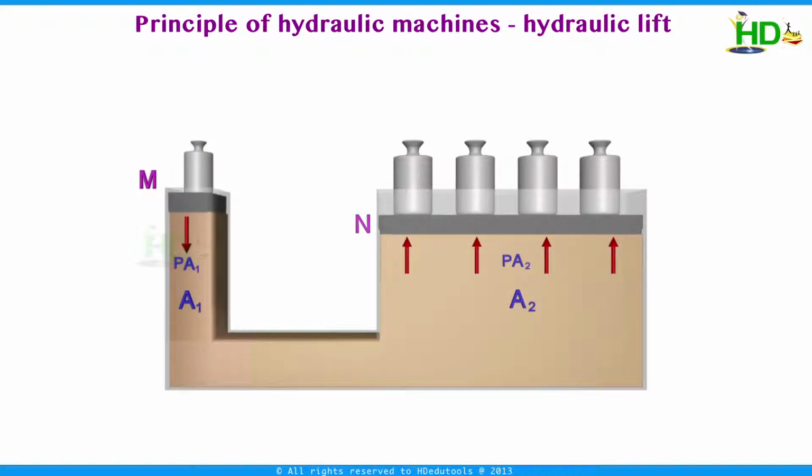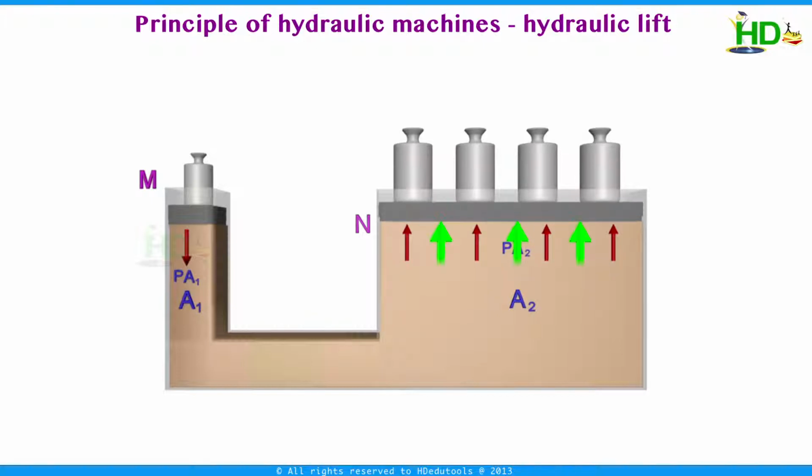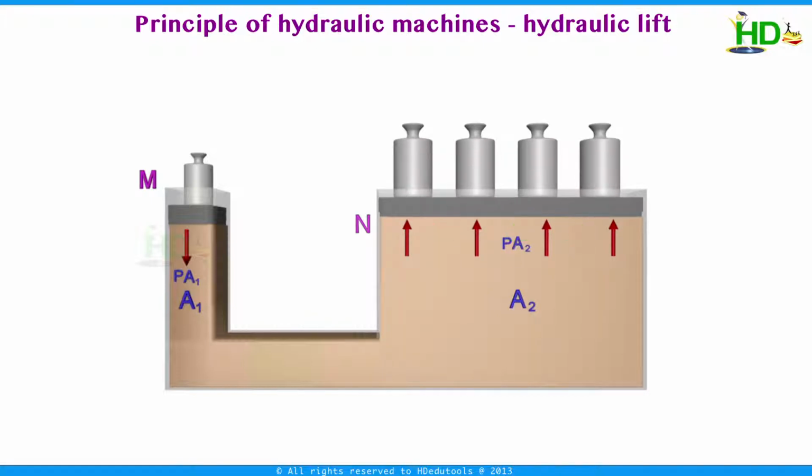Here the force is acting on area A1, therefore the pressure is P1 equal to F1 by A1. According to Pascal's law, this pressure is transmitted equally and undiminished throughout the liquid. Hence, the pressure acting on this piston is in the upward direction and the piston moves up due to this pressure. To prevent it from moving up, a force should be applied to it in the downward direction by putting a certain weight on it.